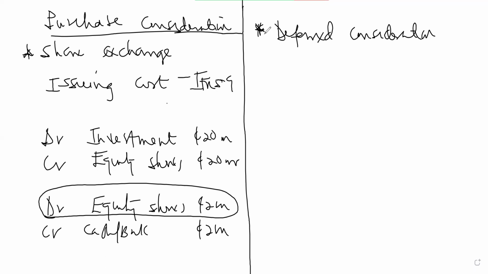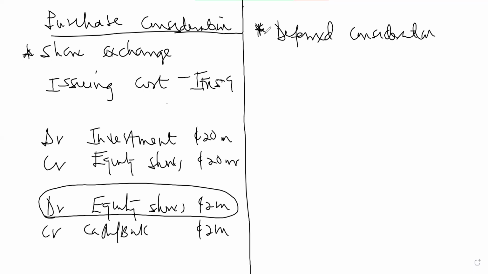The question will give you the deferred consideration, and they will give you the cost of capital of the parent. So you just have to find the actual amount that you are paying for the shares.